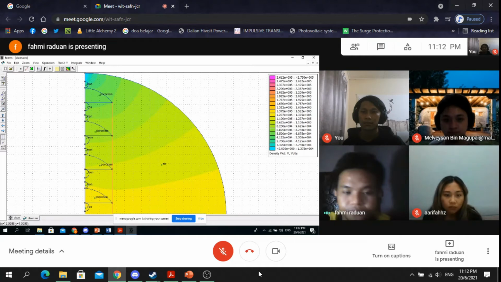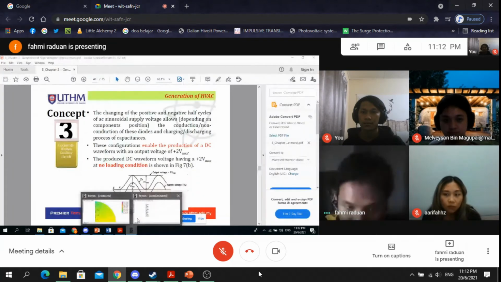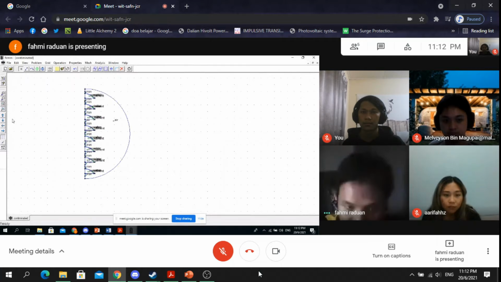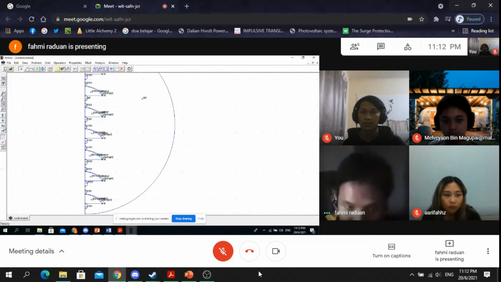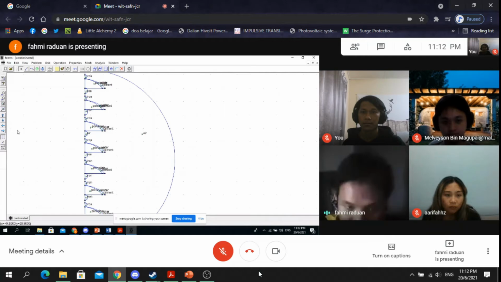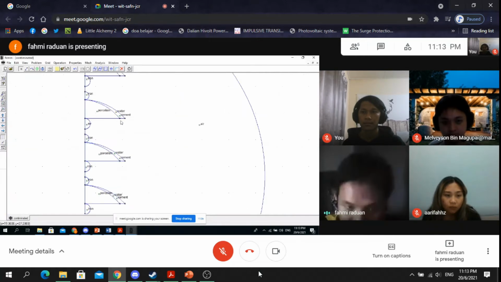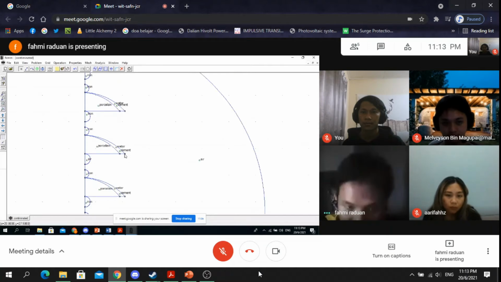So next I will continue with the wet test. For the wet test, we add water droplets at the porcelain surface and cement as the contaminated substance.